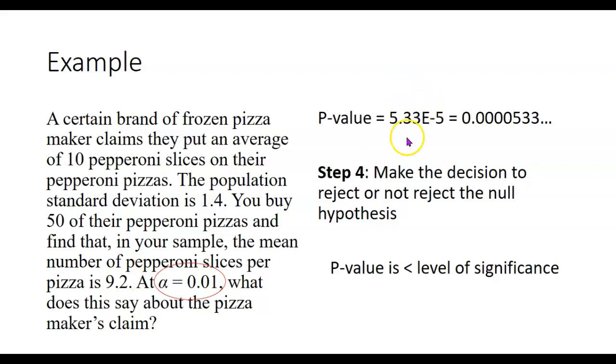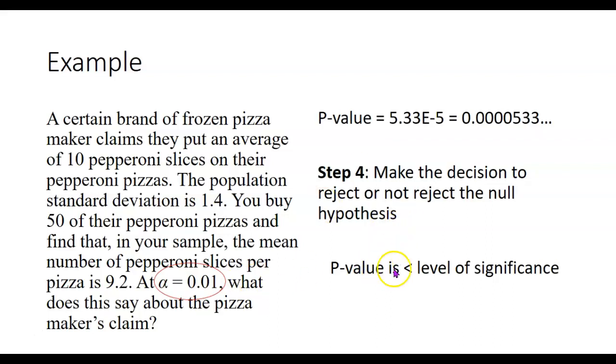So because the probability is so low, that makes us think, yeah, I don't think the null hypothesis is true. We can't say for absolute sure that it's not true, but we can be pretty sure it isn't. So we can reject the null hypothesis. It's like we've proved beyond a reasonable doubt that the null hypothesis couldn't be true.